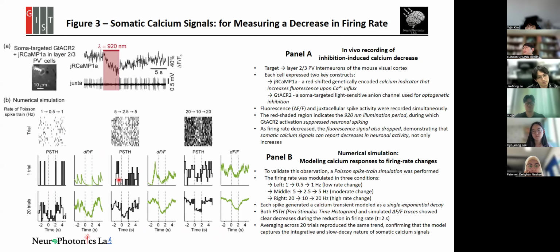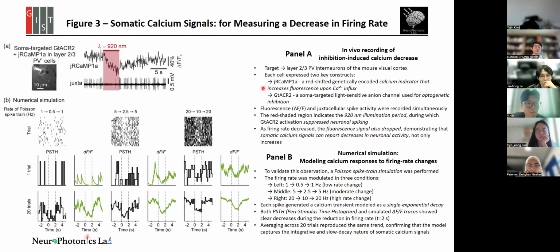And figure 3 presents the experiment designed to verify whether calcium imaging can sensitively reflect not only increases but also decreases in neuronal activity. Panel A shows the reduction in calcium signals following neuronal inhibition.